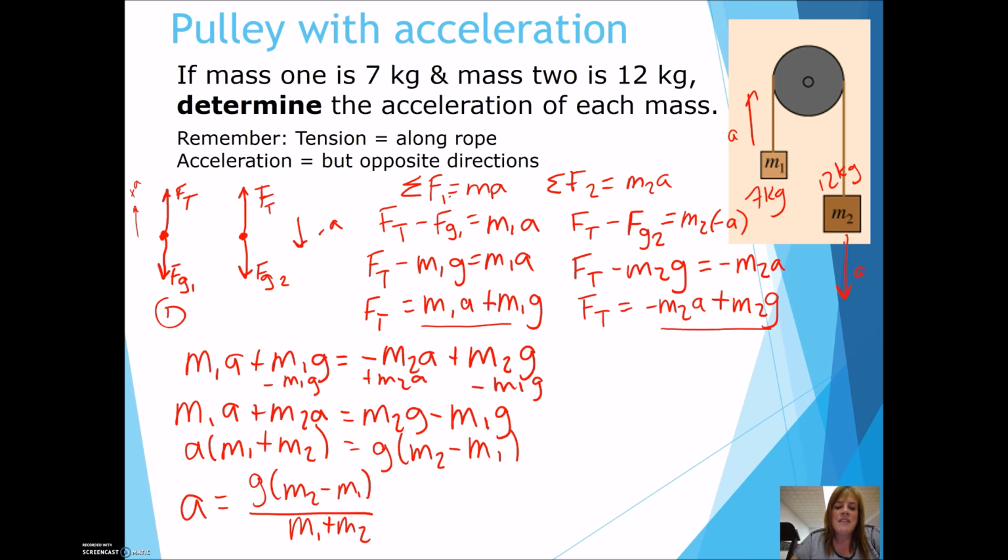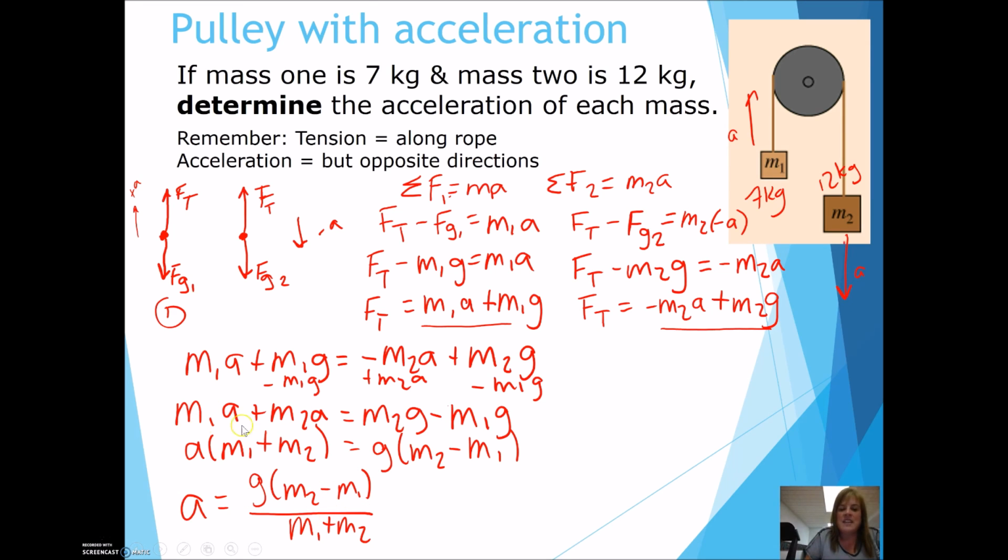If we had forgotten the negative, then the term we have on the top here, our m2 minus m1, would be the same as the term we have down on the bottom here, because then I wouldn't be adding this m2a to this side. So one thing I always like to say is you always add the a's and you always subtract the g's.